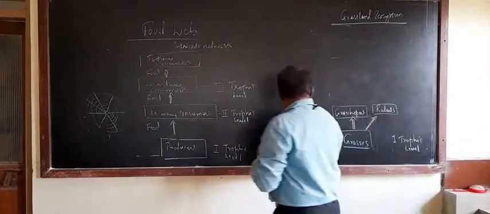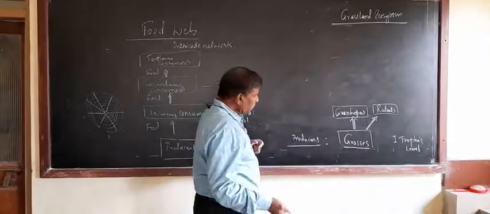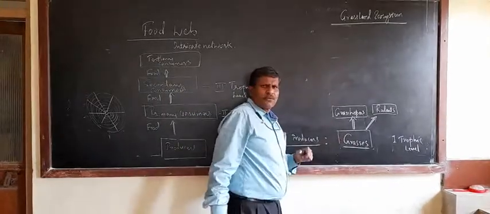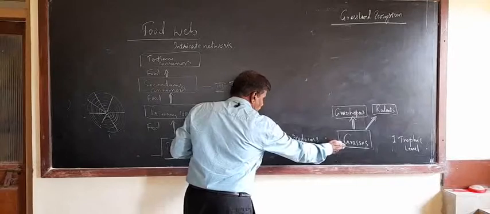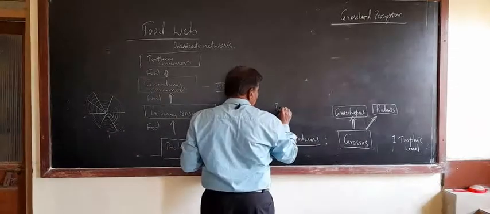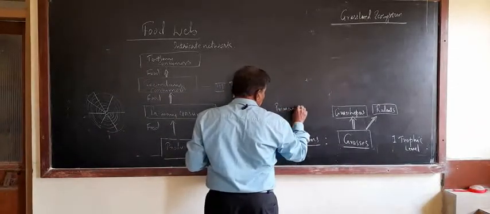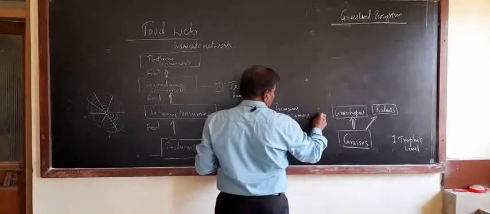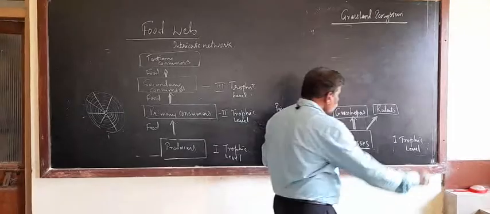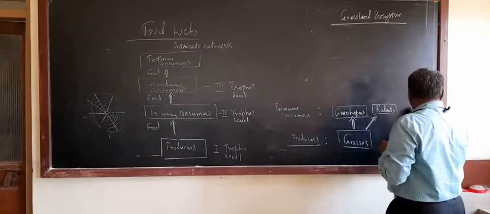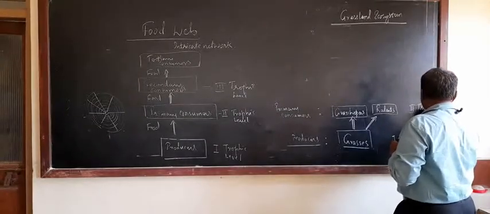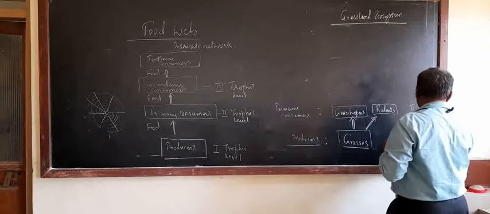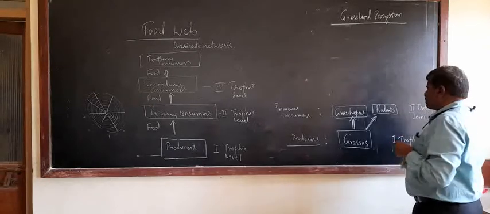And these grasshoppers and rodents, when they get their food directly from the grasses, we refer to them as herbivores, or primary consumers for that matter. These primary consumers form the second trophic level.